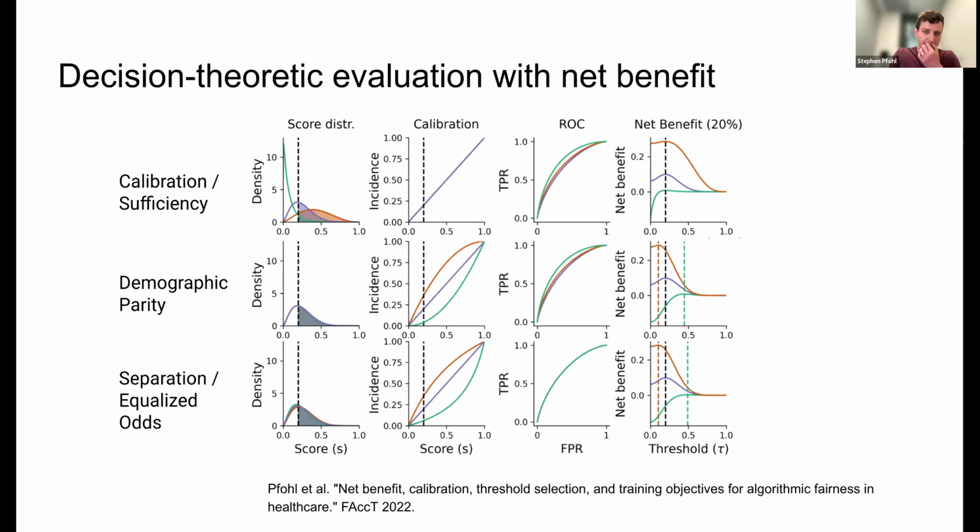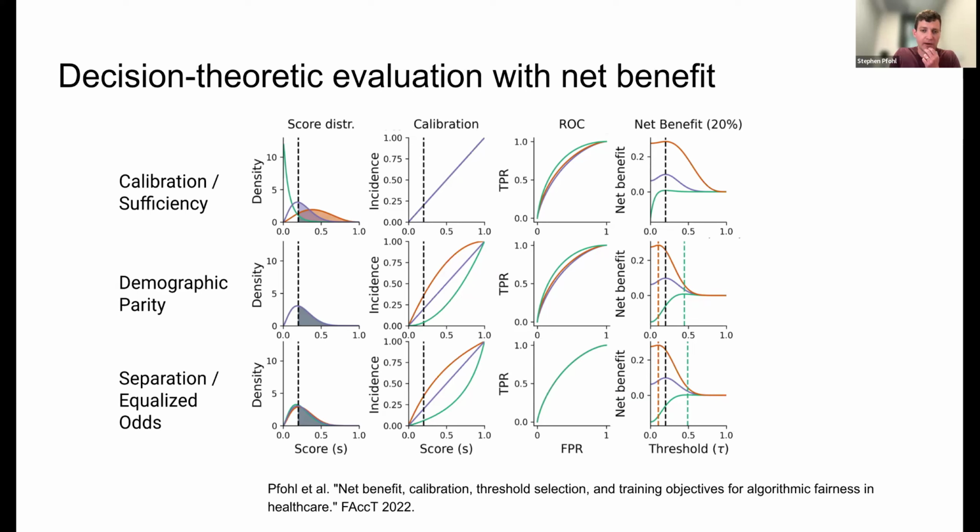And so in my 2022 FAccT paper, we considered a fairness criterion that was based on trying to have a policy that conferred the most benefit possible simultaneously for all subgroups. Notably in this case, there's no fundamental trade-off between predictive performance and fairness, in the sense that it essentially couples the two things together.